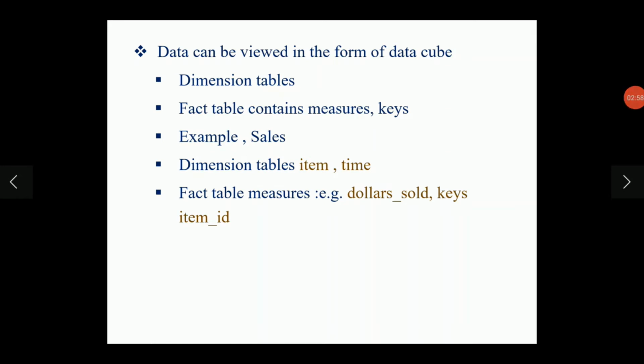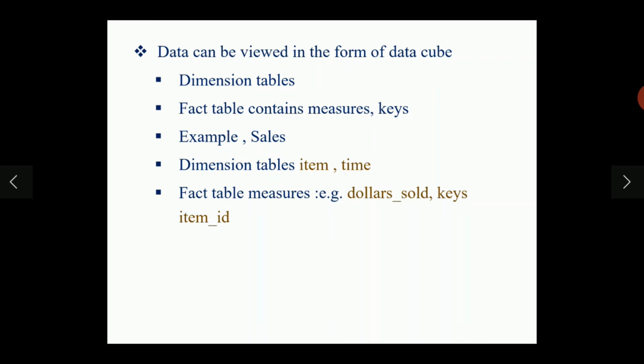It consists of dimension tables and a fact table. The fact table again consists of measures and the keys. We'll see all these concepts in detail while learning the star schema and snowflake schema. The example is AllElectronics, a very famous example, with the sales dimension.